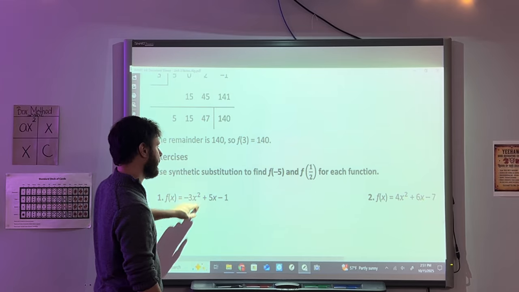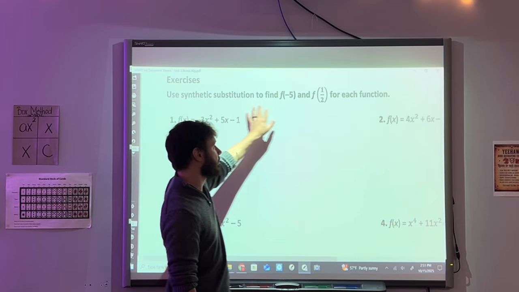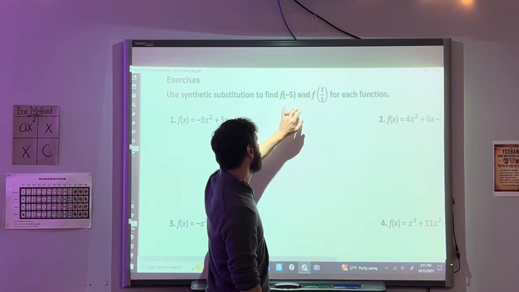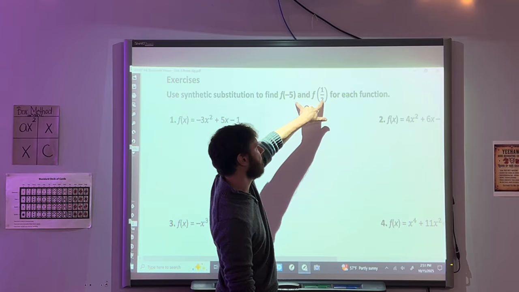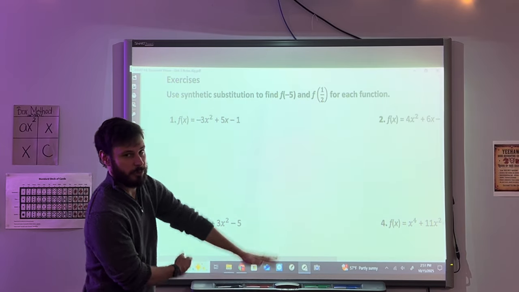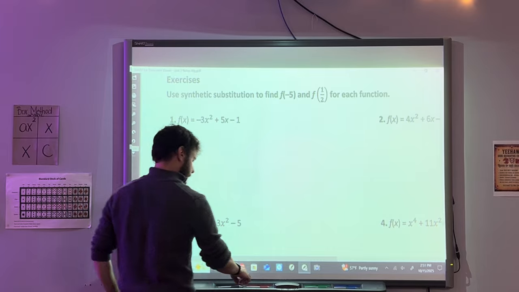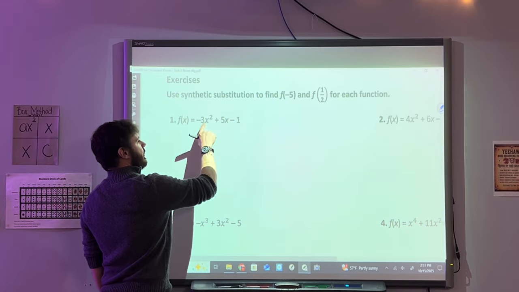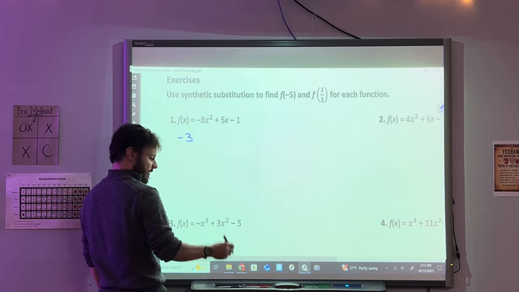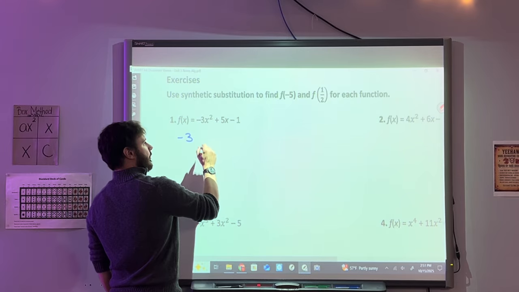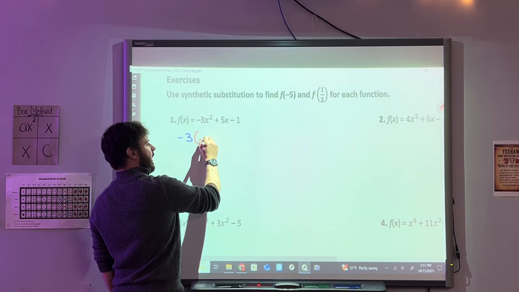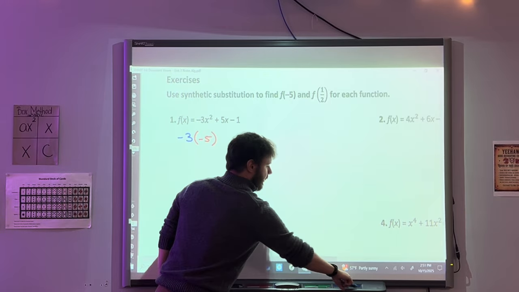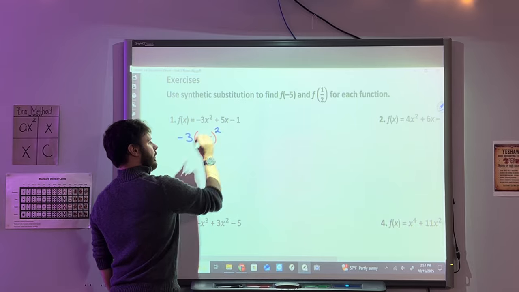So down here, it says, use synthetic substitution or direct replacement to find f of -5 and f of 1/2 for each of these. You're going to do it twice. It's not a big deal. So I'm going to take this function, -3. That's where I see x. My first x that I care about is -5. That is being squared.